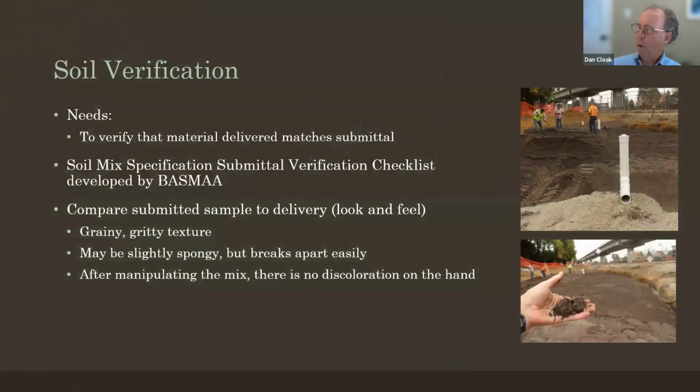And again, what we're looking for with this is that once you get plants, you have rotting organic material.